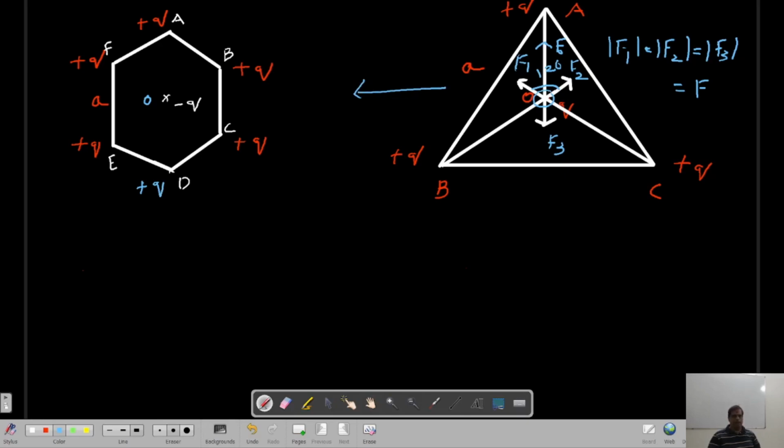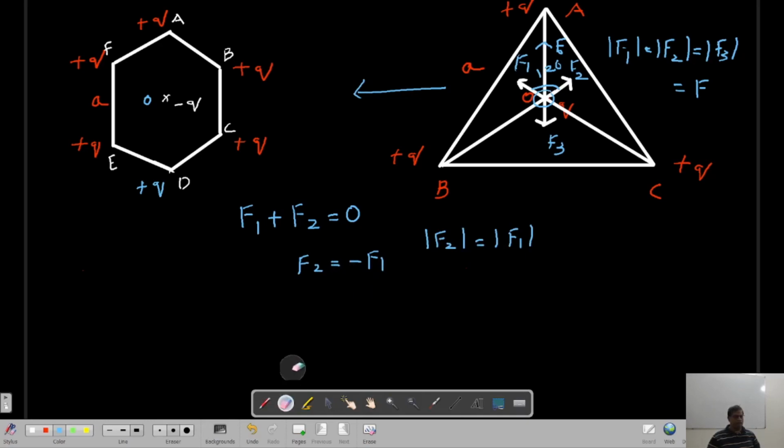We don't have a charge plus q there right now, which means that the sum of all the forces due to the other charges experienced by minus q at O, let us call it F1, plus the force due to the charge plus q placed at D will give you 0. Which means that F2 equals minus F1, or mod F2 equals mod F1. And what is mod F2?